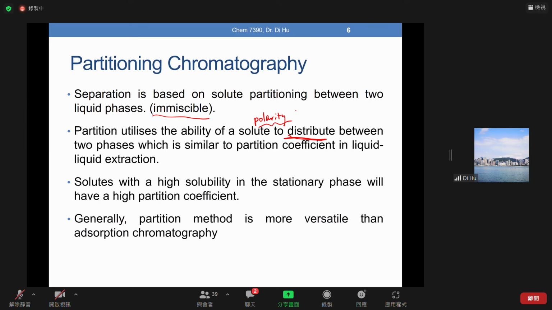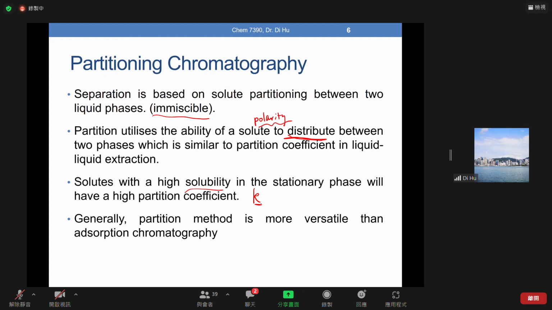Normally, if the analyte has high solubility in the stationary phase, we have a high partition coefficient, which means a larger K, right? So it will have better retention on the stationary phase.